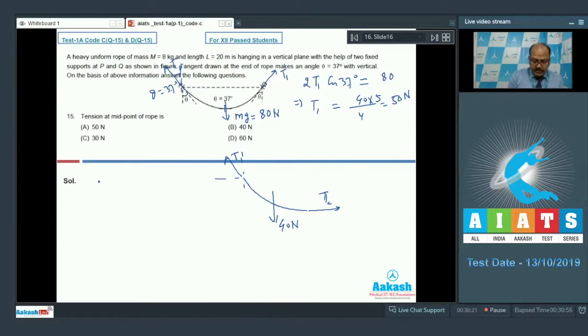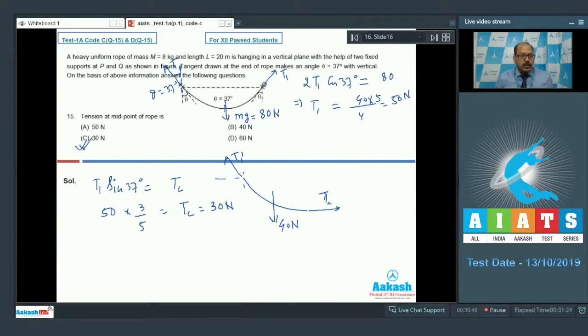So the equation is T1 sine 37 degree equals TC. We have the value of T1. So if you put T1 is 50 Newton and sine 37 degree is 3 by 5, the value of TC turns out to be equal to 30 Newton, which is matching with option C. So option C is correct.